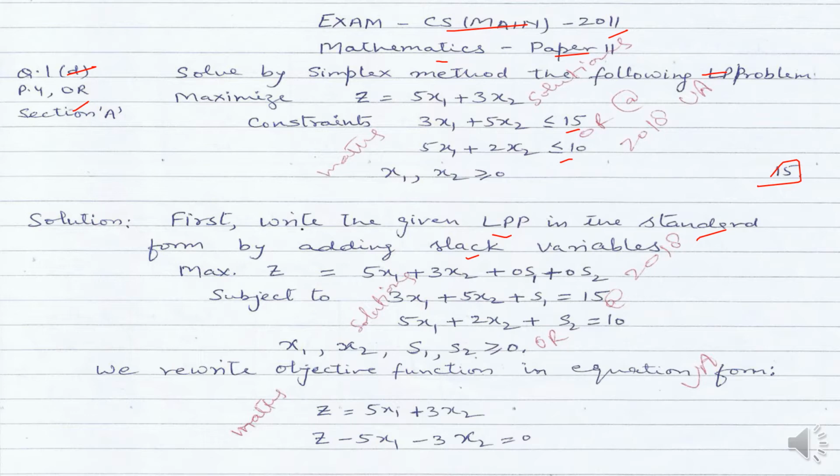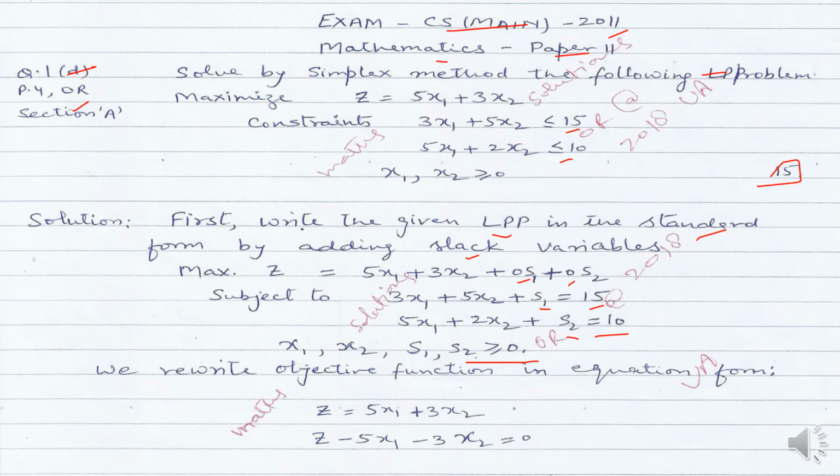So we rewrite it, maximize z is equal to 5x1 plus 3x2 plus 0s1 plus 0s2, subject to the first constraint 3x1 plus 5x2 plus s1, slack variable, is equal to 15, and 5x1 plus 2x2 plus s2, again a slack variable, is equal to 10. So in the objective function we write 0s1 plus 0s2. Now four variables are there, x1, x2, s1, s2, these are greater than equal to 0.